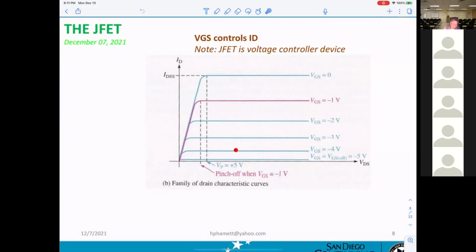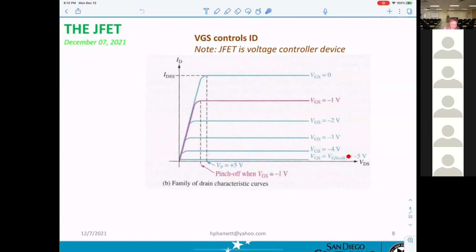Okay. VP 5 volt, VGS equal -5. This one is different from this one. But they are talking about VGS. VGS equal -1. You couldn't see VP in here, right?